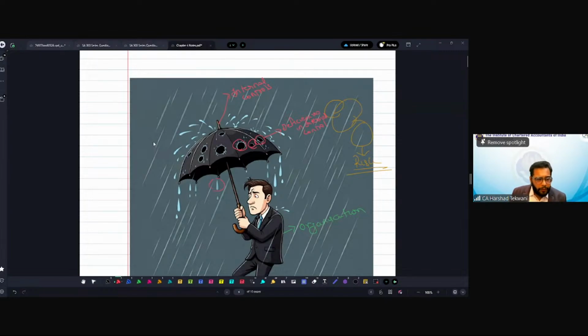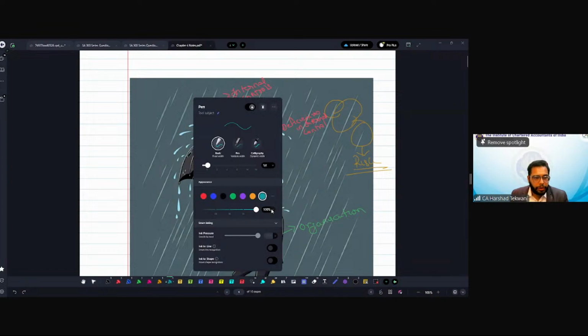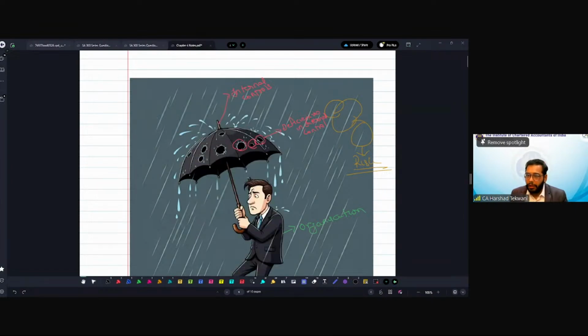Now, some of the water over here, if you see, is getting drenched down, like it is passing through the hole. This particular water, which is coming out of the holes in the umbrella, is nothing but, you can say, your risk which is getting materialized.